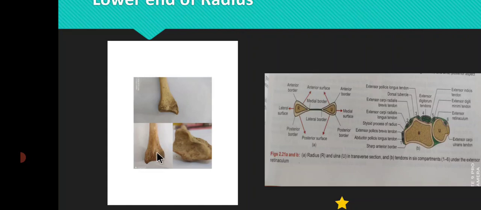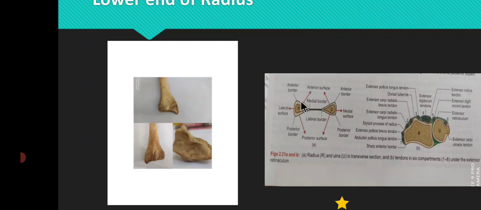This one is the posterior surface. On the posterior surface there is a tubercle called the dorsal tubercle of Lister that divides the surface into various longitudinal grooves. On the inferior aspect, the lateral part is a triangular area that articulates with the scaphoid bone, and the quadrangular area articulates with the lunate bone.